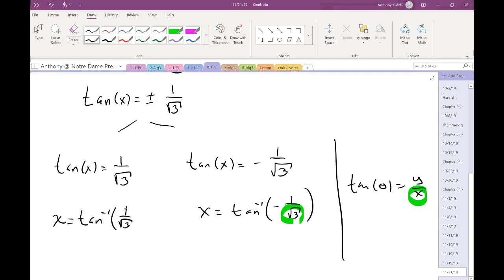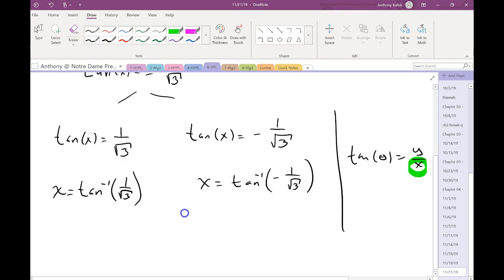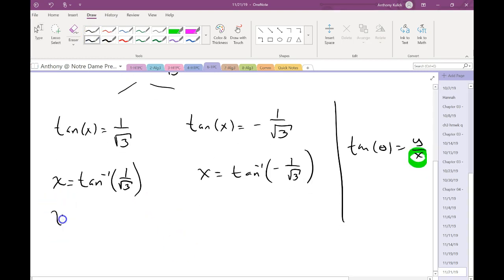Everybody see those 4 places where I see a square root of 3 in the x coordinate? Okay. So I know that tangent is positive in the first quadrant and in the third quadrant. So that's pi over 6 and 7 pi over 6.